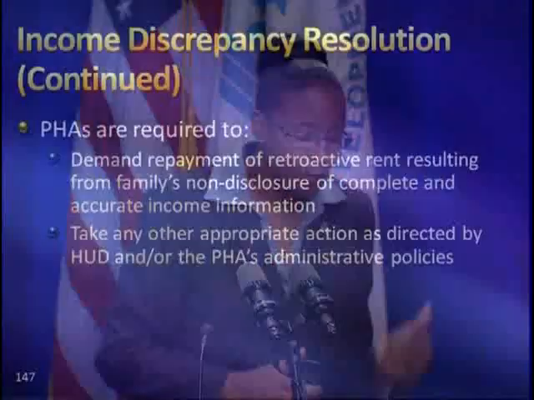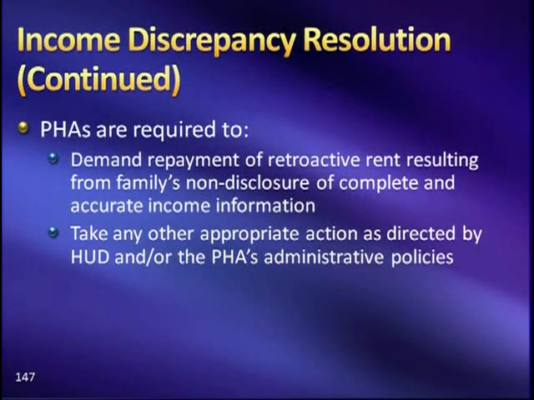So, of course, in the instance where you have identified unreported income, the family is required to repay that money, okay? And if you'll notice on the next slide, we tell you, you are required to demand, see the operative word, you are required to demand repayment of the retroactive rent. I don't care if it's public housing or housing choice voucher. The bottom line is the tenant rent contribution was incorrect based on unreported income.